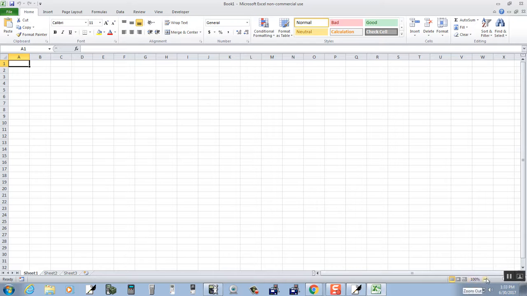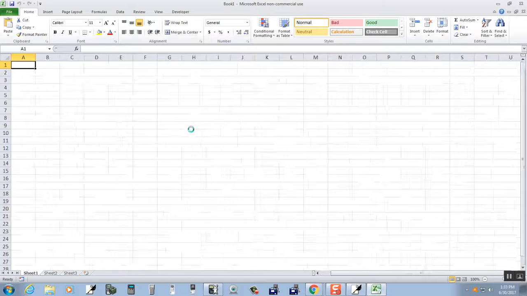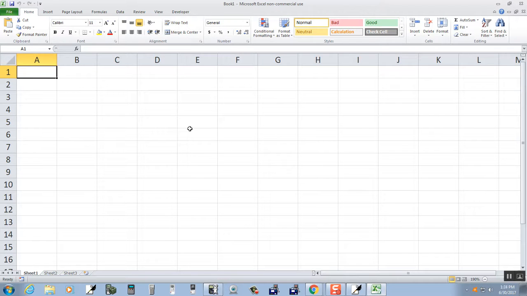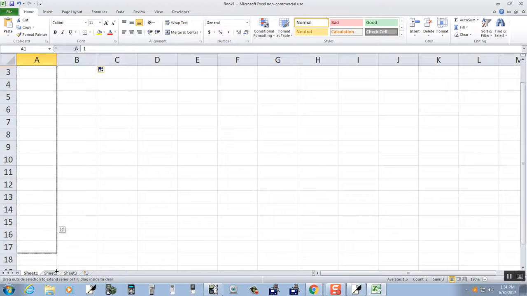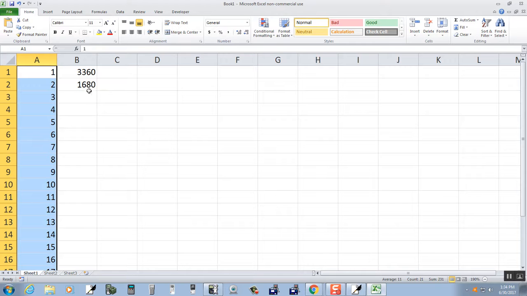So I've got 1, 2 here, and this will be equals 3360 divided by whatever number's here. Okay, let me fill that down. Not sure how far down I need to go.